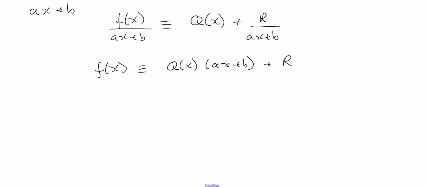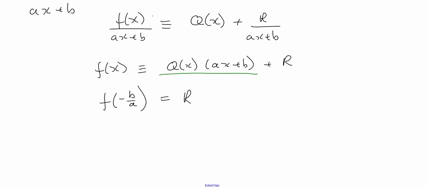So if we make this first term 0, and we can do that by making x equal to minus b over a, then that factor will be 0, so the whole term is 0, and the right hand side is just r. And so making x minus b over a gives you r, and so we have f of minus b over a equals r.